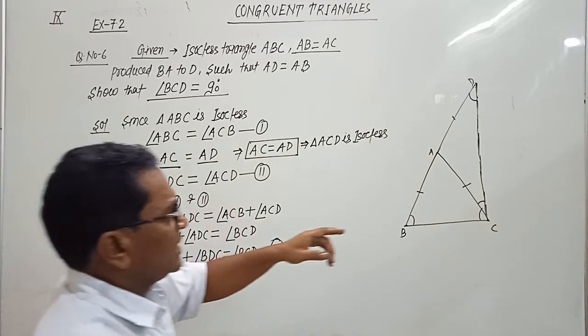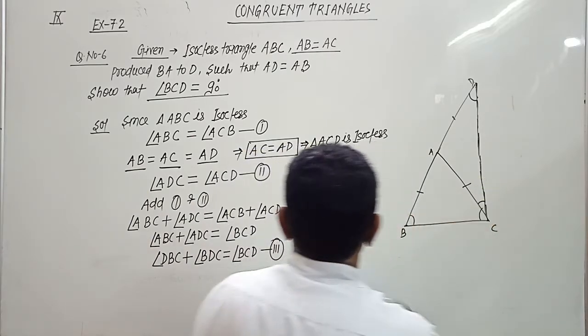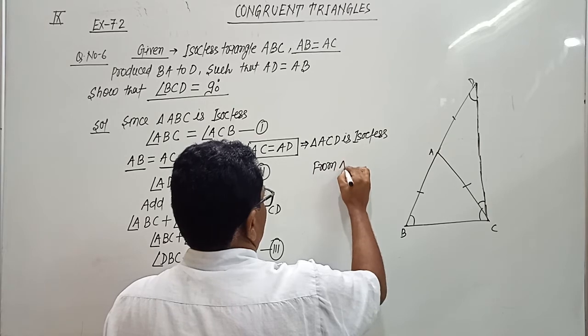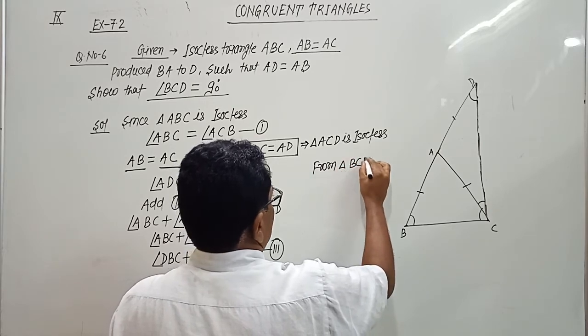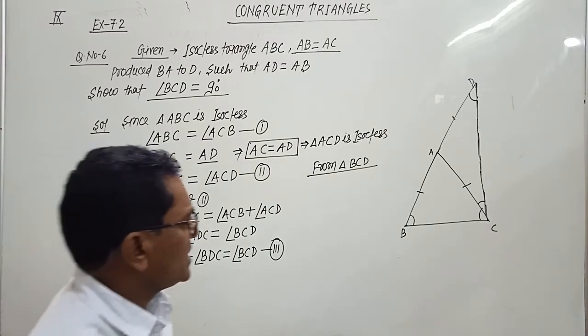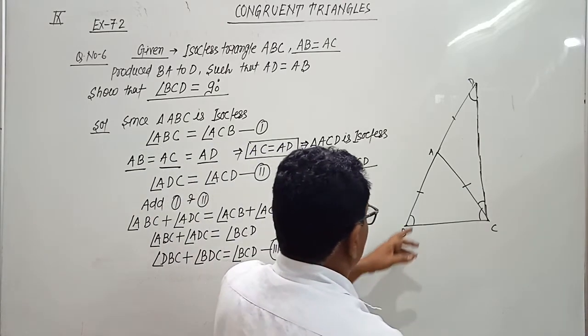Now from triangle BCD, we use the angle sum property. The sum of three angles of a triangle is 180 degrees.